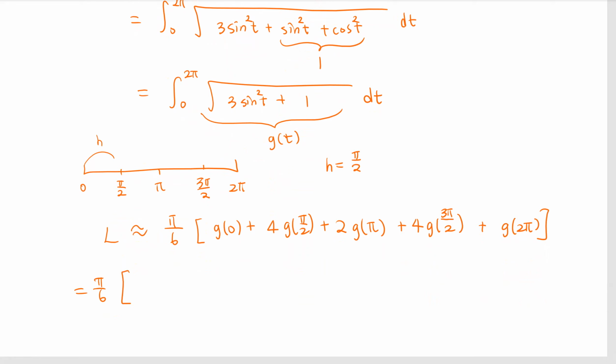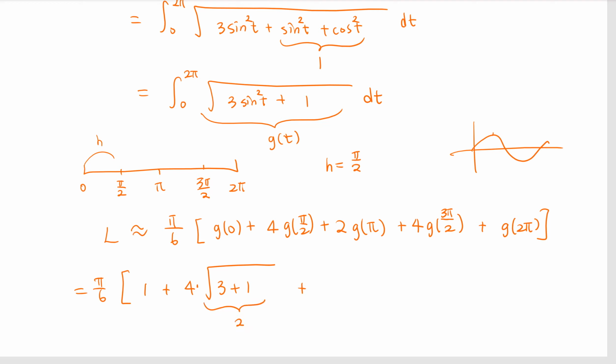Okay, sine 0 is 0, so it's just the square root of 1, which is 1. Next, we have 3 sine squared of pi over 2. The sine function at pi over 2 is 1, 1 squared is 1, so 3 plus 1 is 4. It's actually just the square root of 4, which is 2.